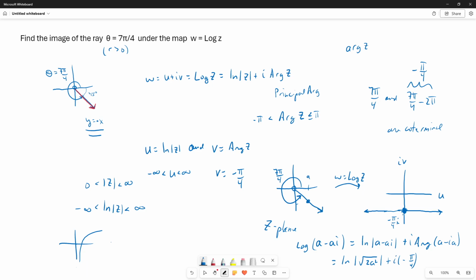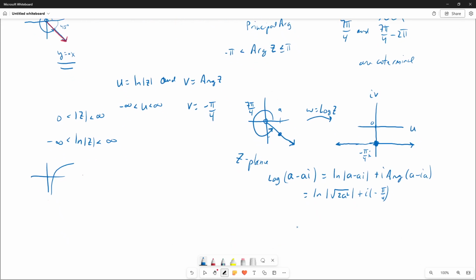So we're going to get the correct imaginary part, of course. And now we want the real part to be 0, since u is equal to 0 here on the u axis. So we would like the natural log of this real number, the square root of 2a squared, to equal 0.